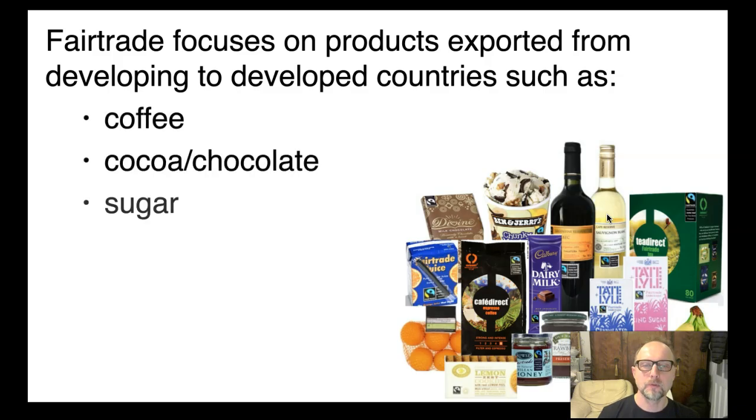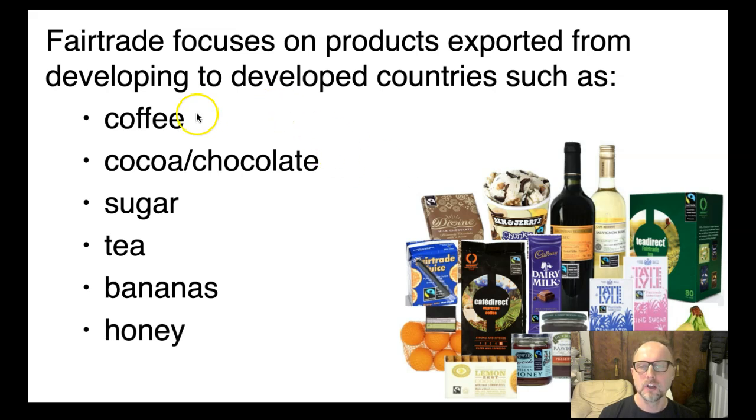So fair trade focuses on products exported from developing to developed countries, such as coffee, cocoa or chocolate, sugar, tea, bananas, and honey. These are the typical products that often will have the fair trade logo or label.